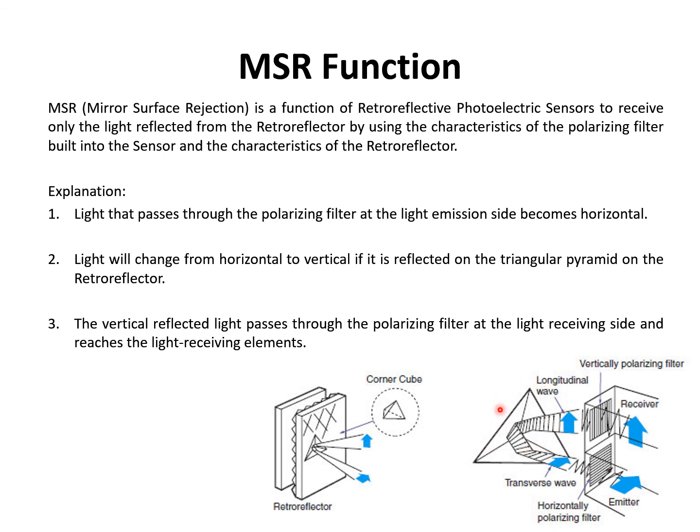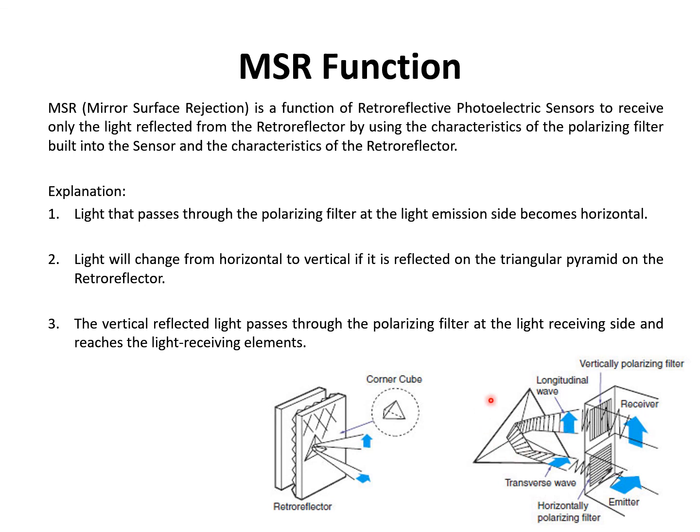As we said, these retroreflectors have specific properties. They are not normal or simple mirrors. So now the light, you see, it was horizontal, now it is vertical. And we have a vertical filter on the receiver. It only accepts those lights which are vertically polarized.